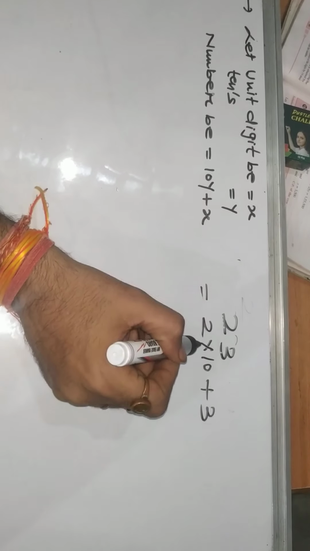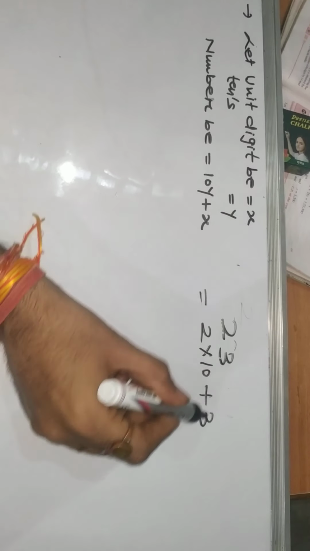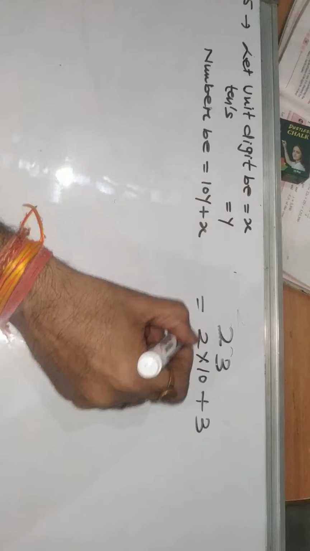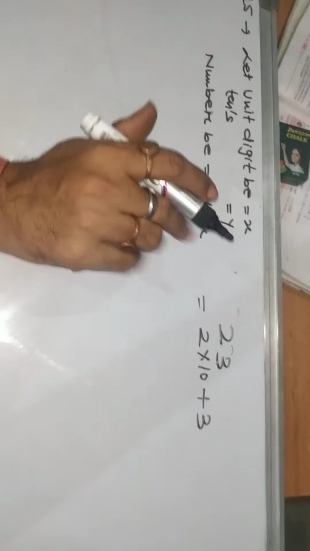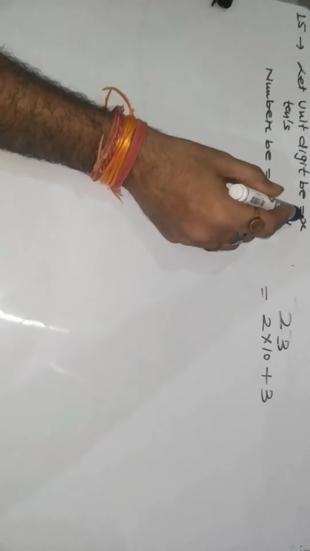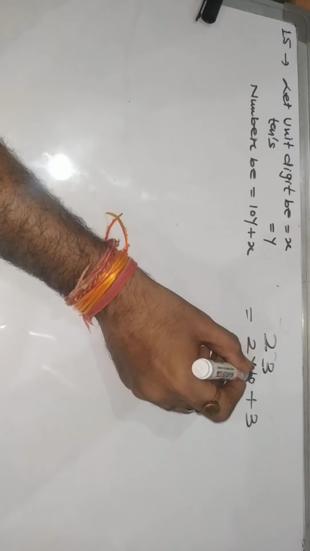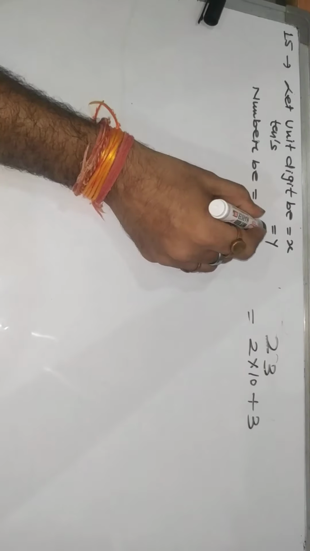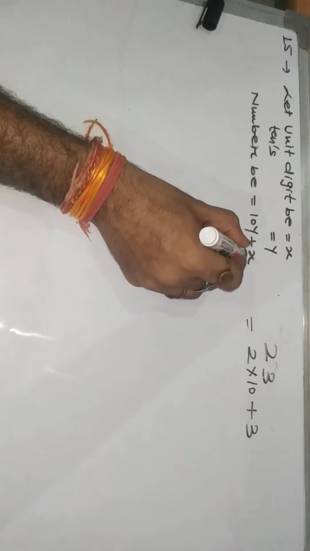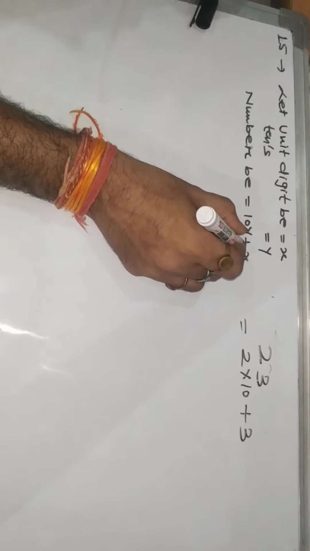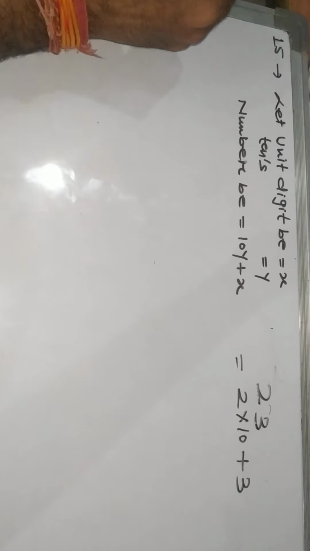This is the expanded form of a 2-digit number. So in the same way, y is multiplied by 10 and the unit digit is added, so the number is 10y plus x.